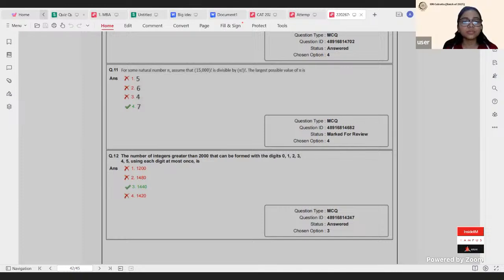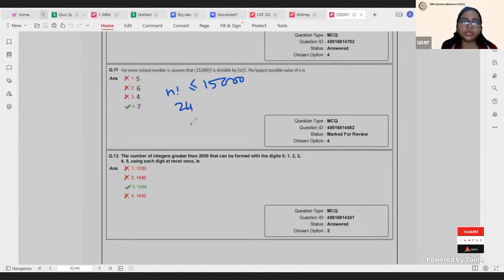So here we can see that n factorial has to be less than equals to 15,000. We have to put these values to see which one is satisfying our condition. If we put n equals to, for example, 4, because 4 is in the option, it is 24.